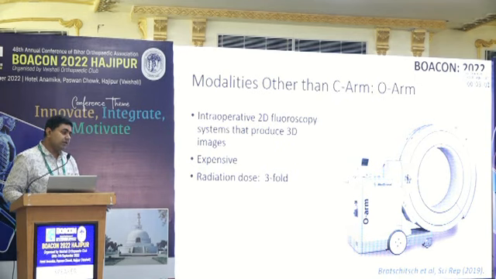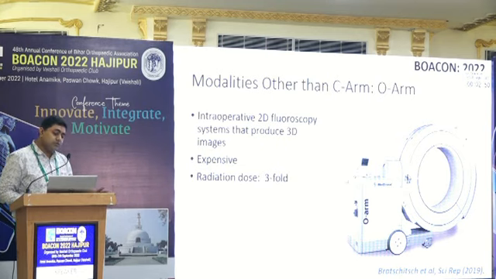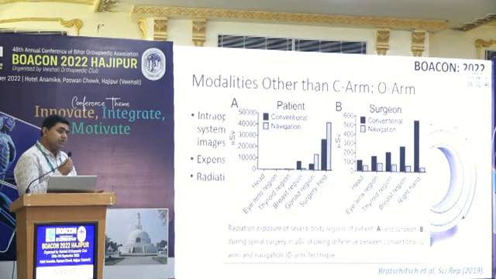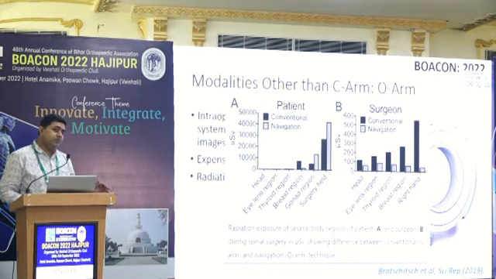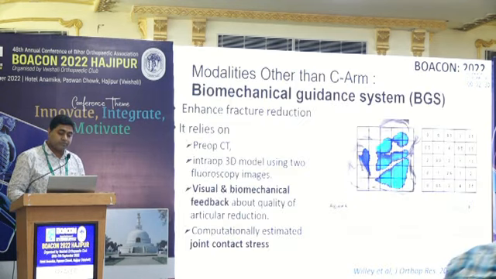If we compare it with digital X-ray, it is almost 100 times that, and CT scan is 100 times the X-ray dose. So this is quite good, and for the patient it may increase the radiation dose, but for the surgeon it is quite less, because a lot of images are not needed. With a few images you can do it.